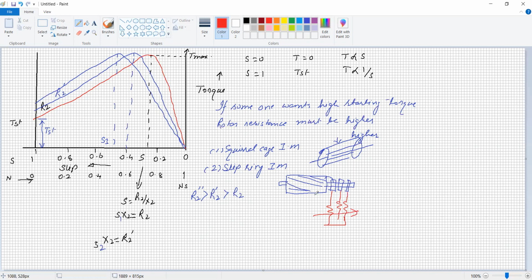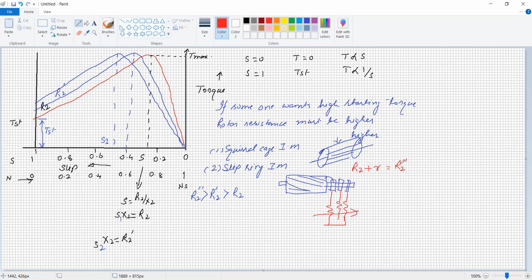At the time of starting, we put in external resistance. Say the resistance of the rotor circuit is R2 plus some external resistance, so this is the total resistance R2 dash. Once the higher resistance is added, we get the high starting torque.